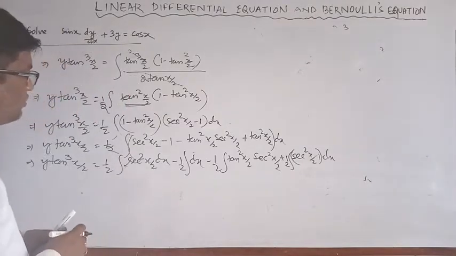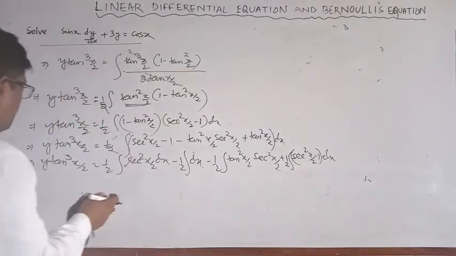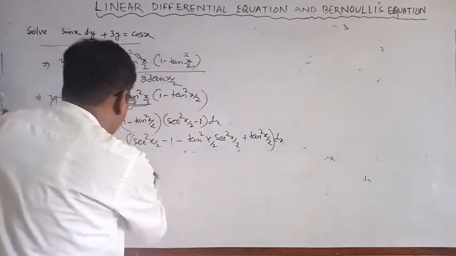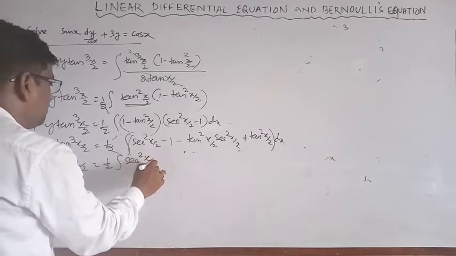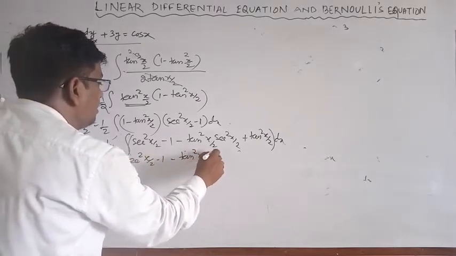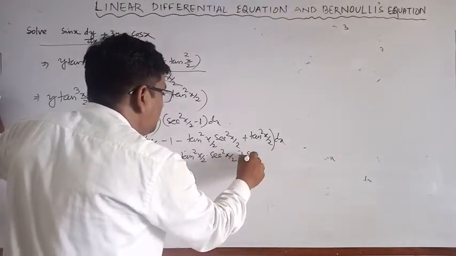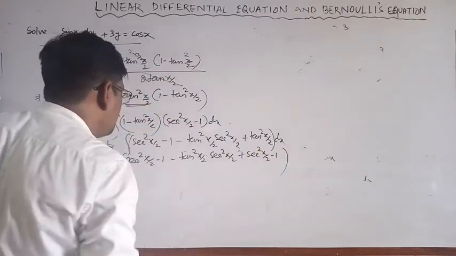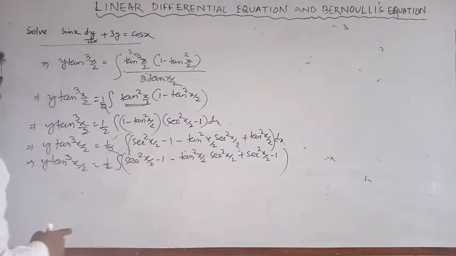Or we can write, this will be easy if we solve like this: integration of half of sec square x by 2 minus 1. And tan square x by 2 means sec square x by 2 minus 1.